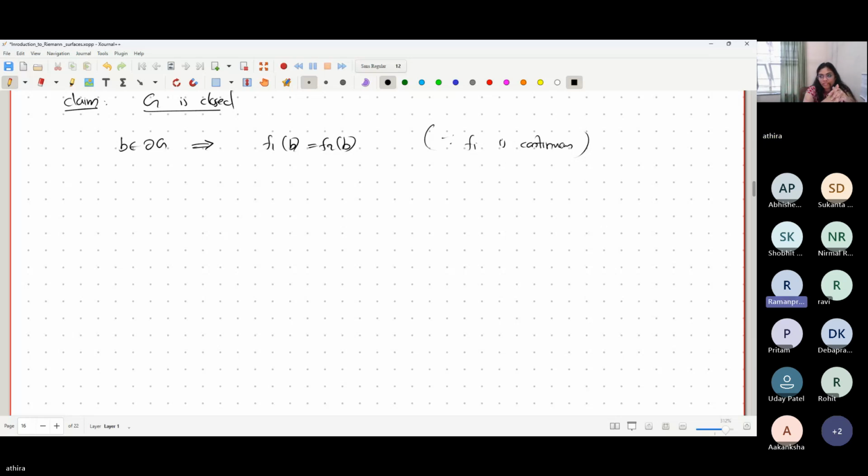The way you are defining your map to be holomorphic between the Riemann surfaces requires the continuity of the map, because whatever transition map you are taking, psi inverse F and phi, by the definition, you need the containment. So that's where you are using the continuity of it. Fine. Thank you.